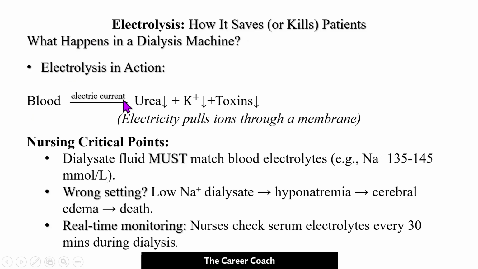Negative and positive reactions going on in the blood. So during dialysis in the blood, there is reduction of urea and there is reduction of potassium ion. This will decrease toxins. So the dialysis machine uses electricity to pull ions through a particular membrane. These are nursing critical points.